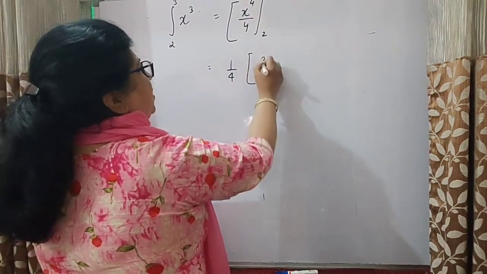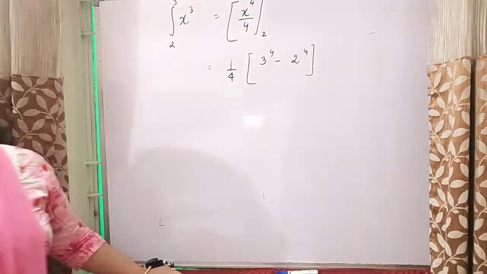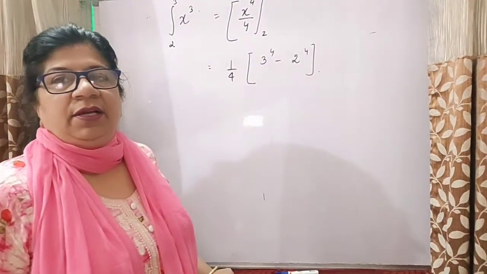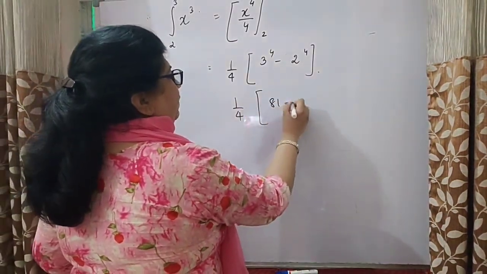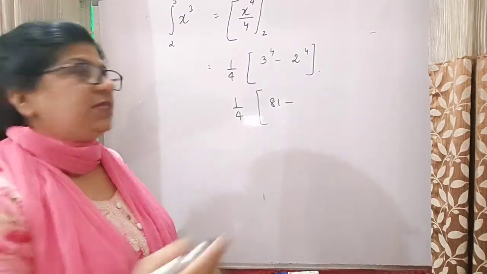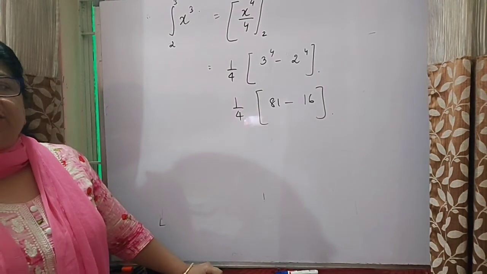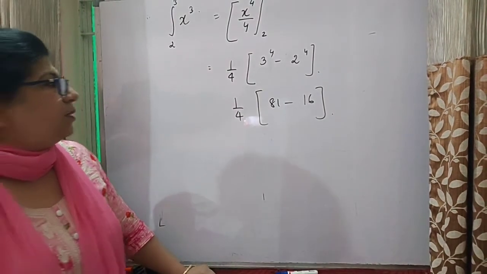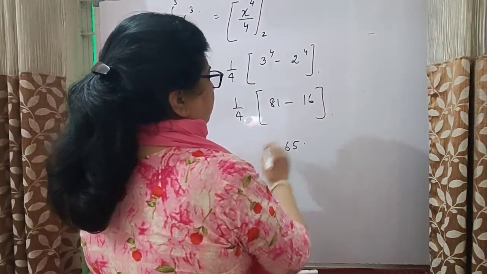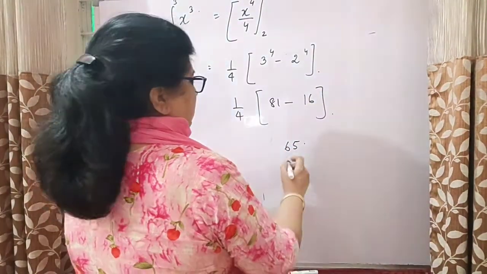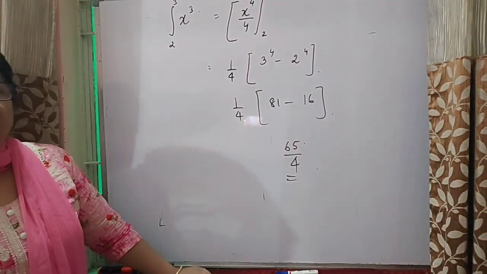The upper limit is 3 to the power 4 minus 2 to the power 4. Now solve it, 3 की power 4 कितना हो जाएगा? 9 and 9, 81. 1 upon 4 times 81, और ये क्या हो जाएगा? 2 to the 4, 2 to the 8, 8 to the 16. ठीक है? And then you will solve it. What you get is 65 upon 4 will be the answer. Right. So this is how you're going to solve it.